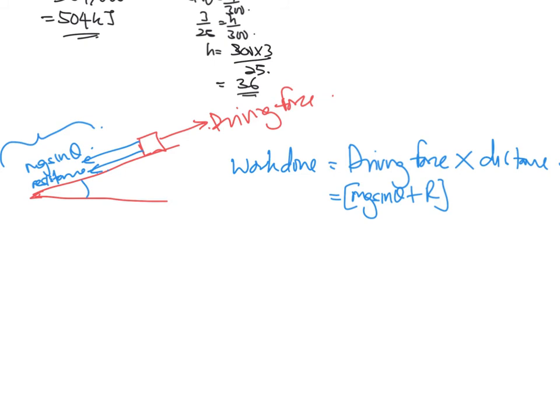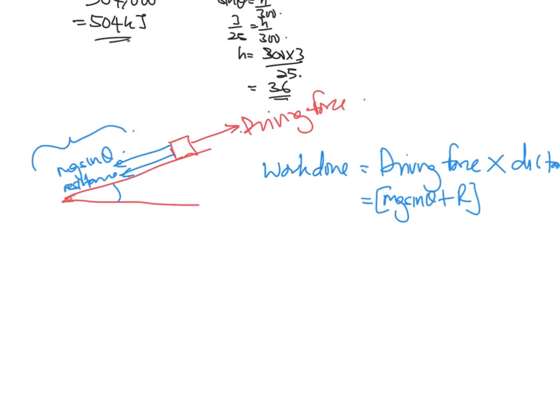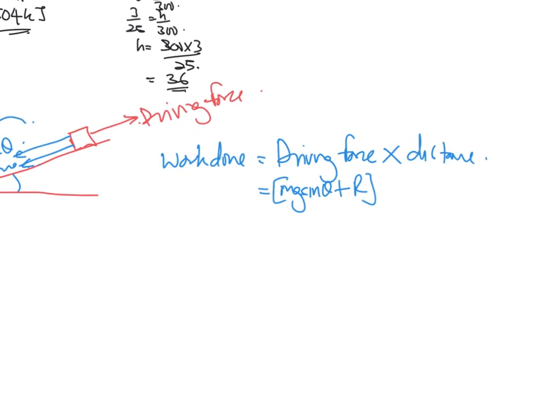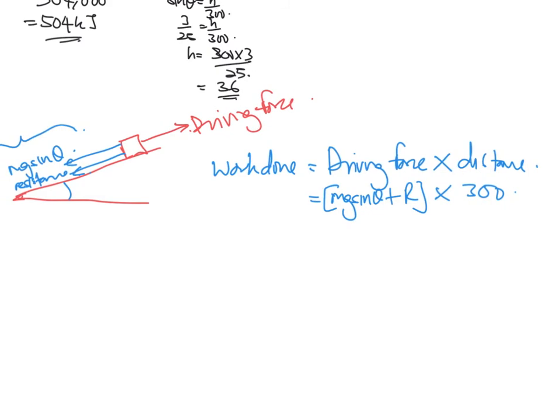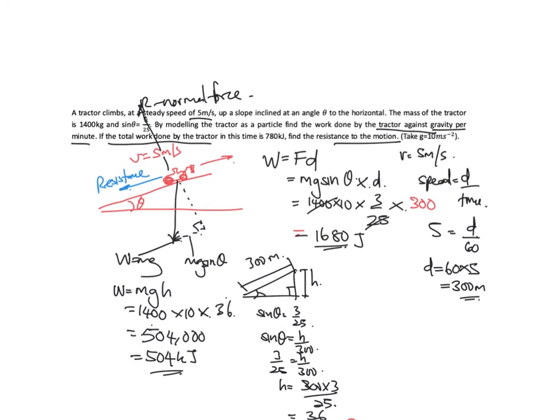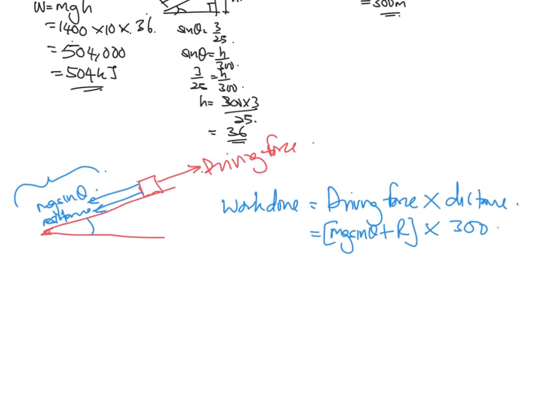Basically the driving force is the same as mg sine theta plus the resistance, and then multiply by the distance traveled, in this case 300. So your final work done, from the question, the total work done by the tractor is 780, so 780,000, and this is the work done from the driving force.